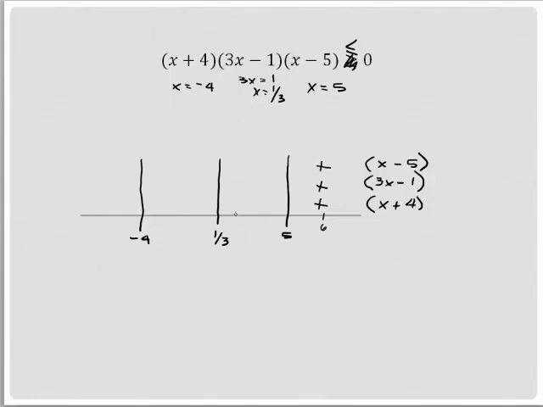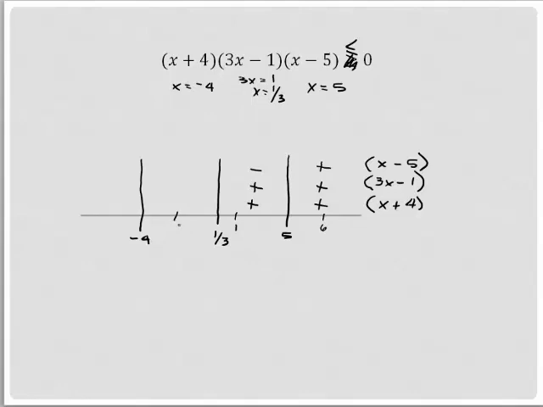Okay, let's see. How about if we use 1 here? That's going to be easy for us. 1 plus 4 is a positive number. Let's see, 3 minus 1 is a positive number. 1 minus 5 is a negative number.